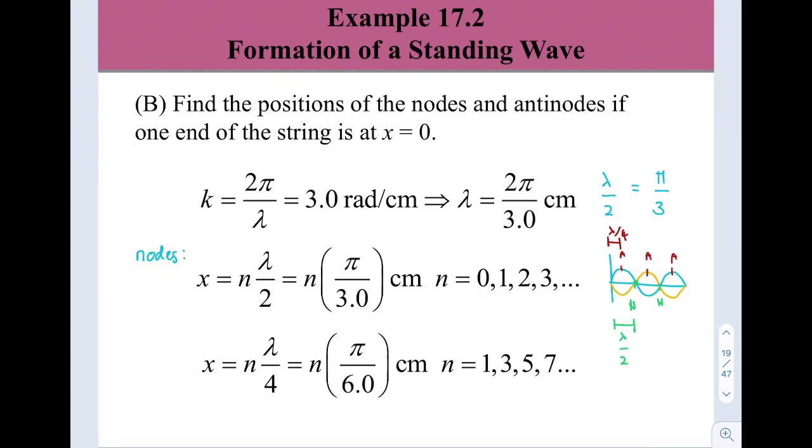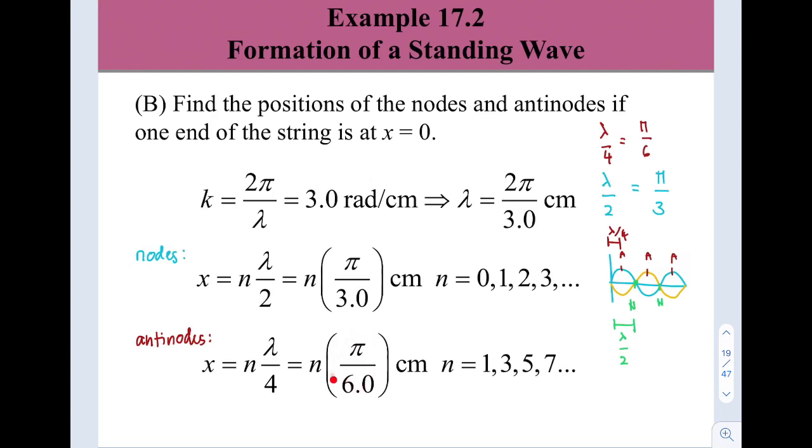Why must it start from 0? Because at this point, x equal to 0, it is a node. Then for antinodes, x is equal to n lambda over 4, and lambda over 4 is going to be pi over 6, isn't it?